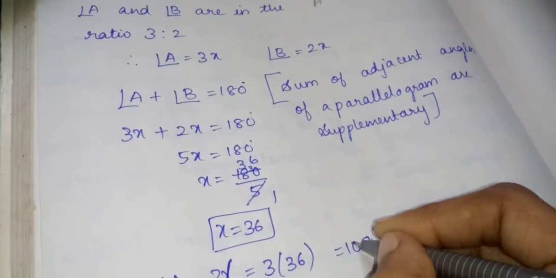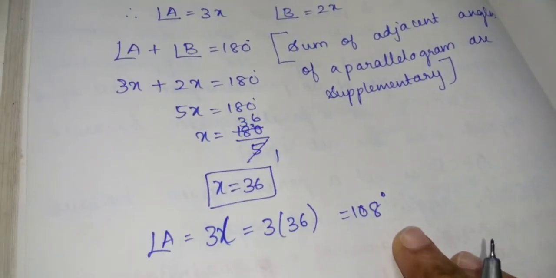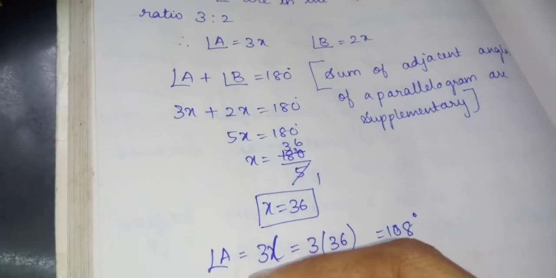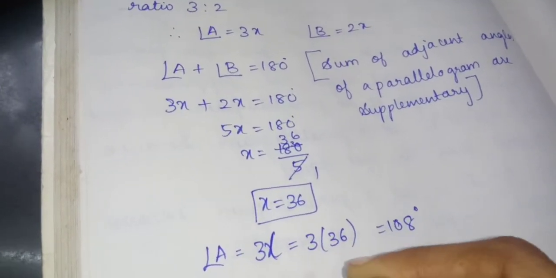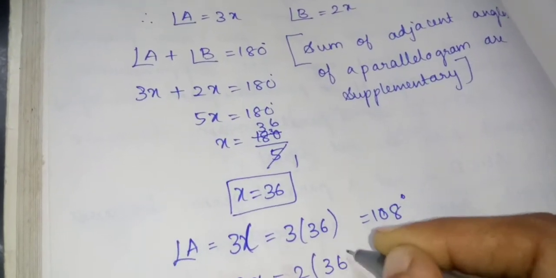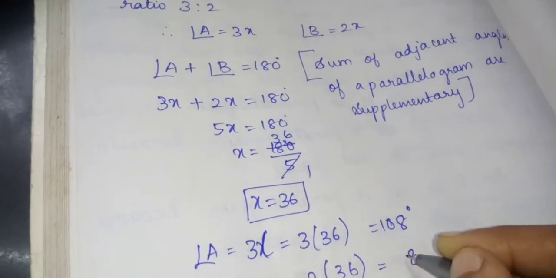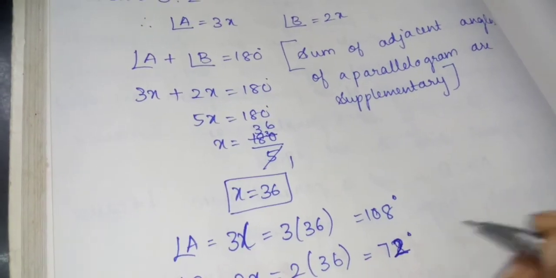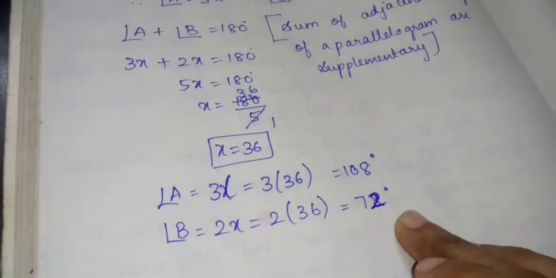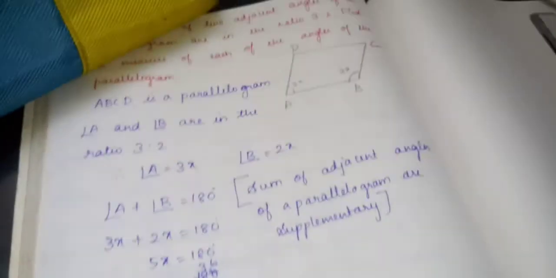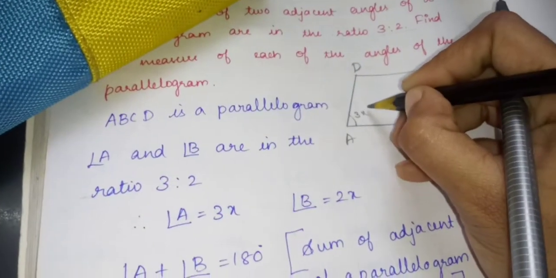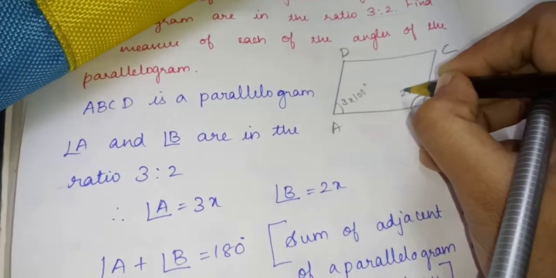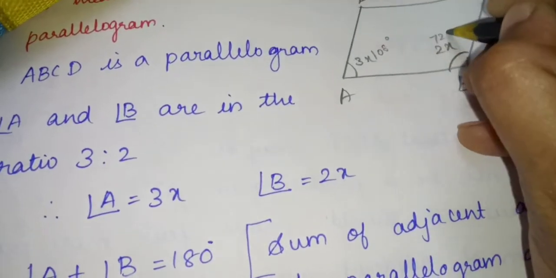So angle A is what degree? 108 degrees. Then angle B is equal to 2x. 2 into x value is what? 36. 6 2s are 12, 3 2s are 6, 72 degrees. So angle B is equal to what, children? 72 degrees. Now I have got the value of A as 108 degrees, B as 72 degrees.